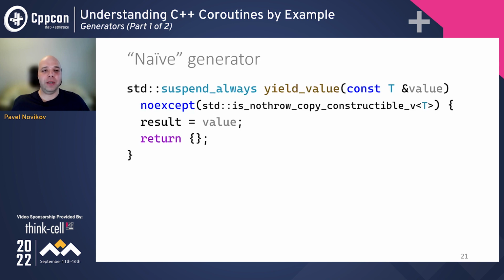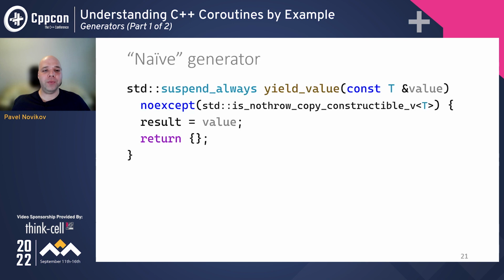For example, in this case, we have to specify it in this way because, in case a value of type T can be constructed in a no-throw manner without exceptions, we want, so to speak, to propagate that knowledge and make our function noexcept as well.